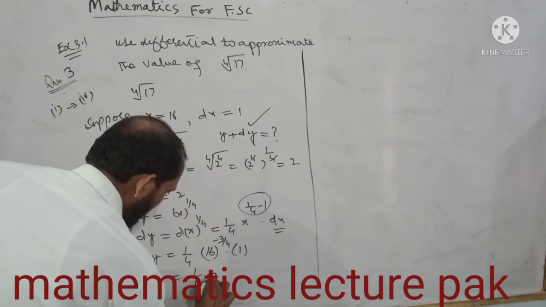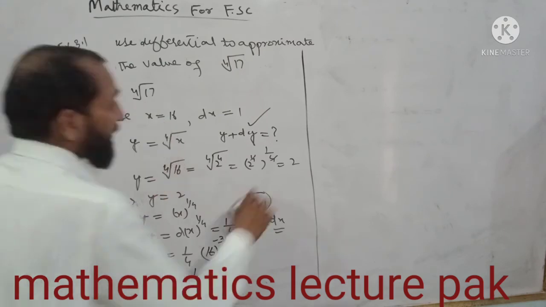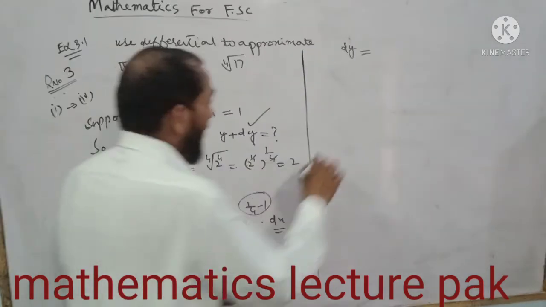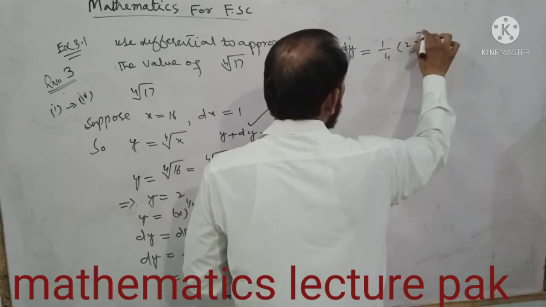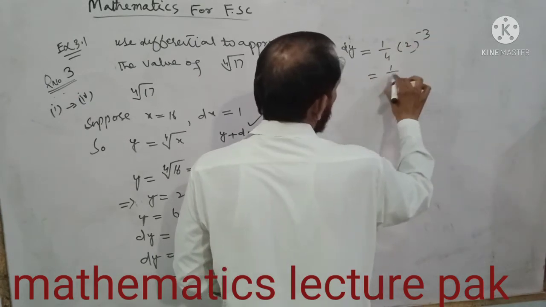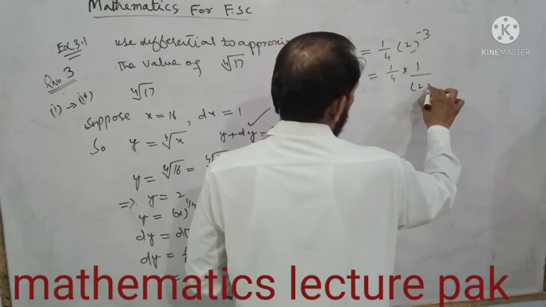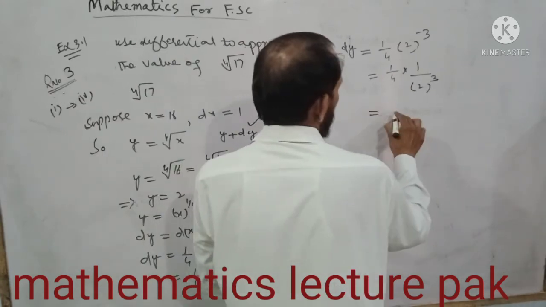1 over 4, 2 raised to power 4 times 3 over 4, the 4 will be cancelled. So dy is 1 over 4, 2 raised to power negative 3. The negative sign of the power will be cancelled, so we can take it in the denominator. So the sign will be positive.